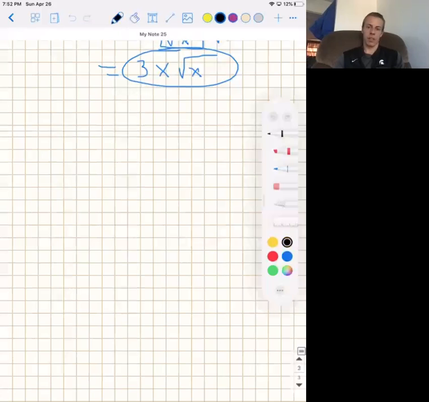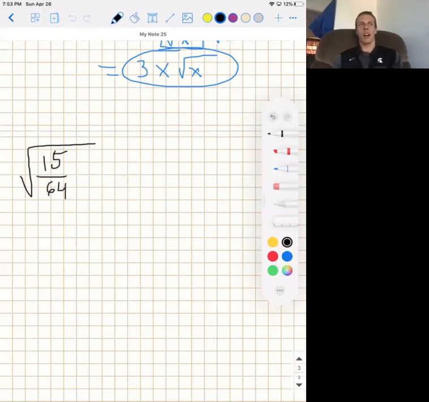So let's say, for example, we have the square root of 15/64. Honestly, I don't know what that is. I would guess it's somewhere a little smaller than a half, but we'll find out. If you plugged it in a calculator, maybe it's 0.438 or something.